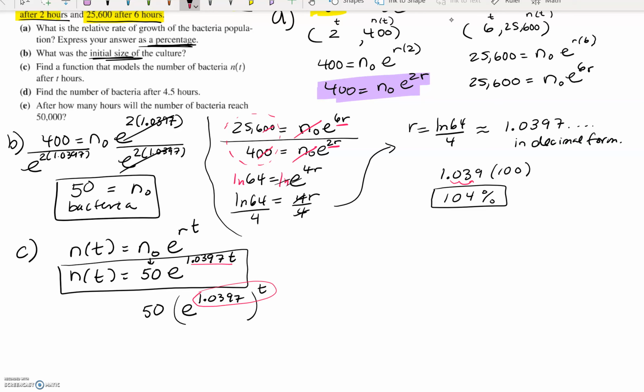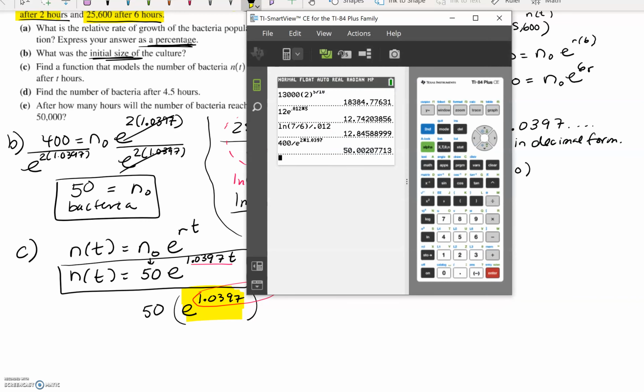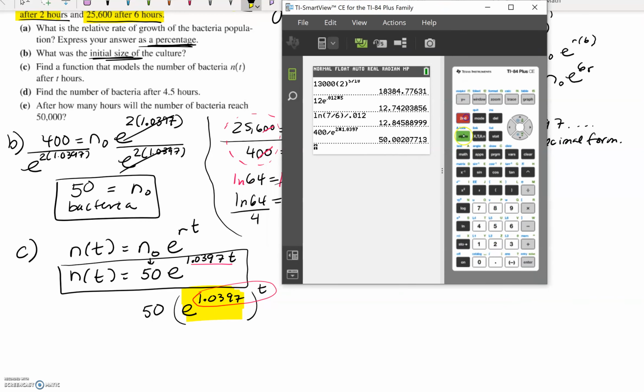All I did was put the 1.0397 inside and pull the t outside. Now that will tell me what the base is. If I punch e to the 1.0397 into my calculator, it spits out a pretty big growth rate, 2.8 if you rounded, almost 3.